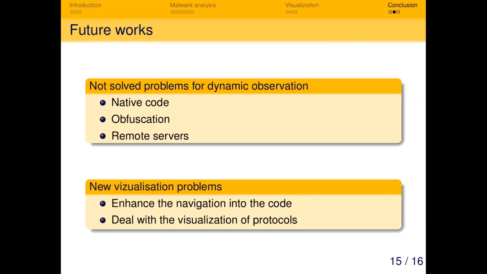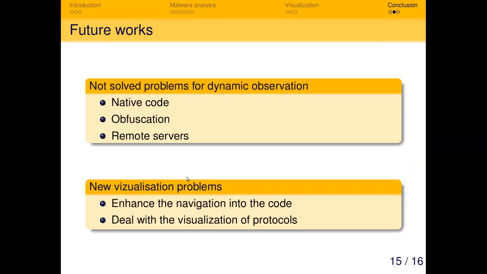You can have obfuscated code in Java or in native. You can also have remote servers, meaning that the malware is communicating with a remote server, and then if the remote server is dead, you will not see what is happening when the remote server is up. So these difficulties will prevent the analysis to be done.